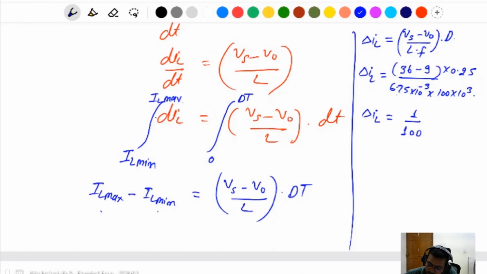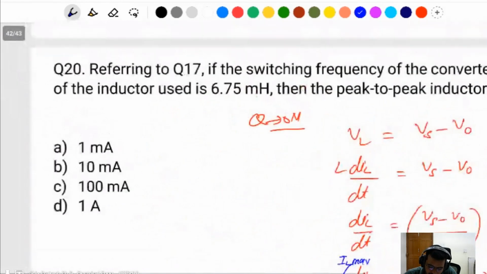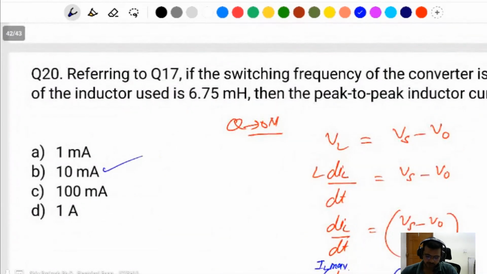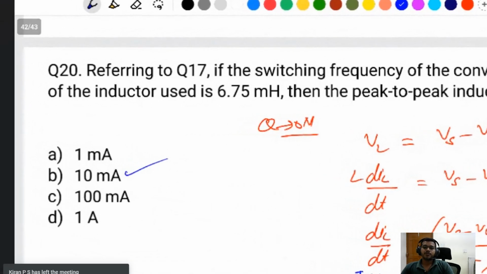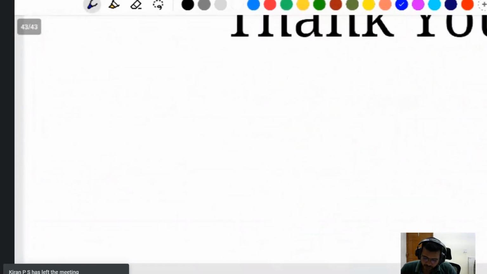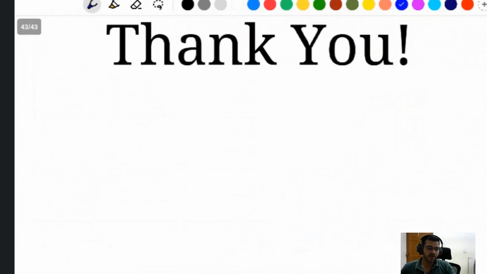Since the answer is given in milliampere, 10 milliampere is the ripple current. Okay everyone, I am stopping here.